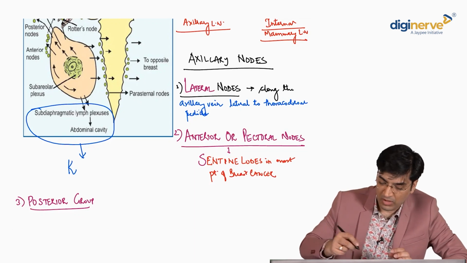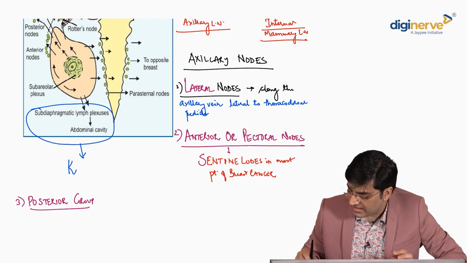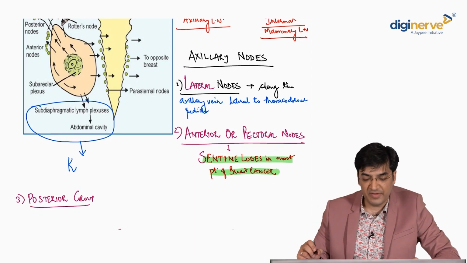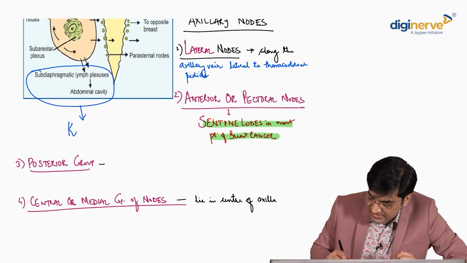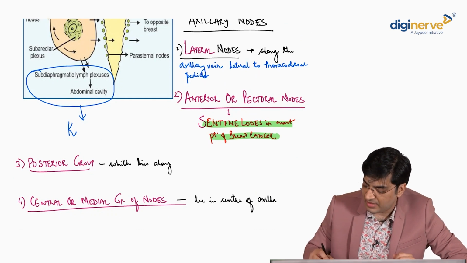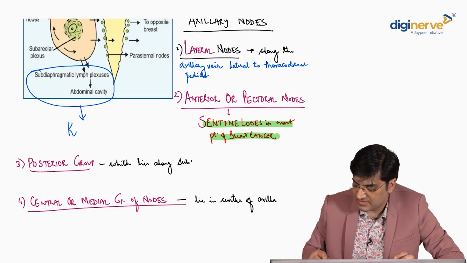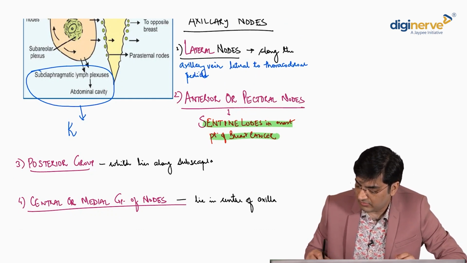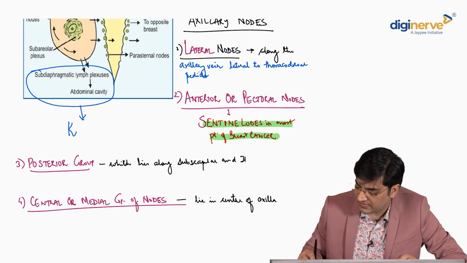Now, what are sentinel nodes? We'll discuss that in a very short while. Let us move on first. The posterior group lies along the subscapular and thoracodorsal vessels.